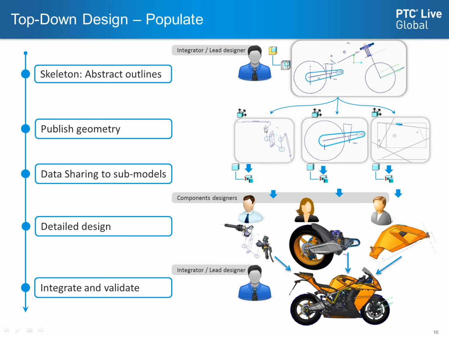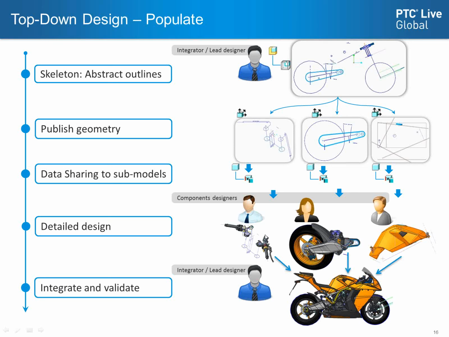This user needs to design the fork, that user needs to design the rear suspension, the other user needs to design this gas tank. All these users can get this information populated to their area and can design around the area that they are responsible for, and they can do it concurrently.